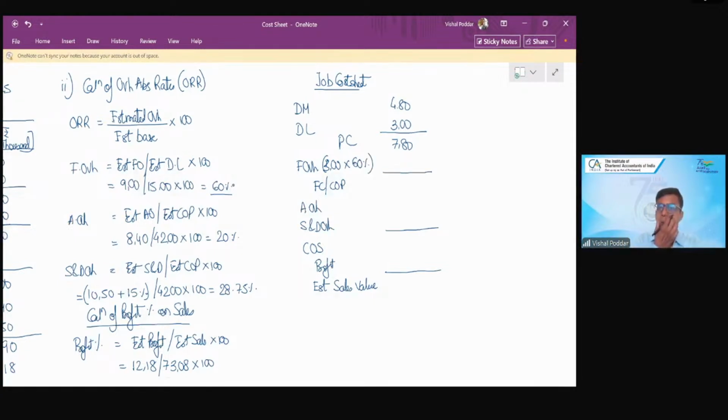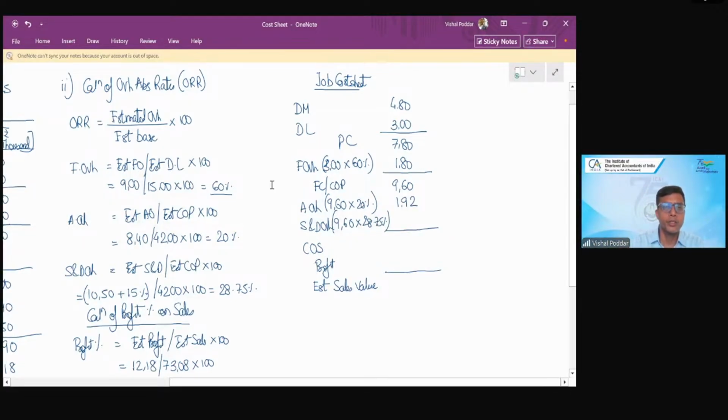That is percentage on your wages. So it comes to 180, correct? I get 78960 as my cost of production. Administration overheads is 960 for 20%. So 192, correct? And again 960 into 28.75. Kindly help me with this figure.